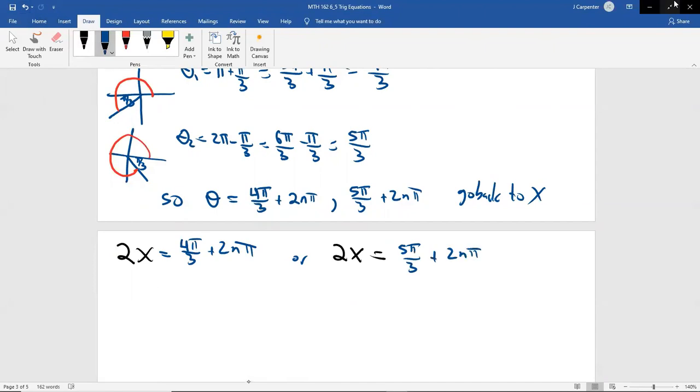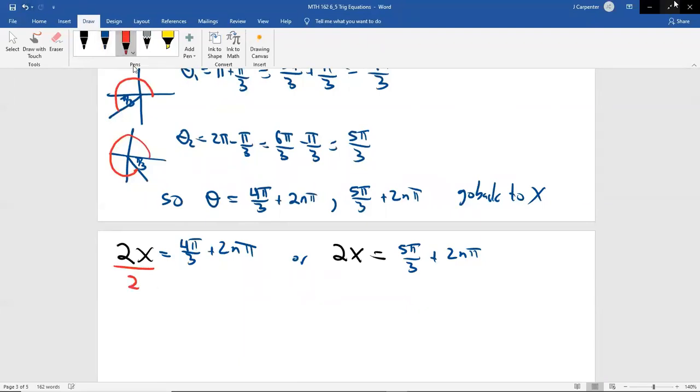Here's the first one, theta equals this part, that was this, not just the 2 n pi. And then this one is this equation. These used to say theta equals, now they say 2x equals because theta is literally 2x. We made that decision.